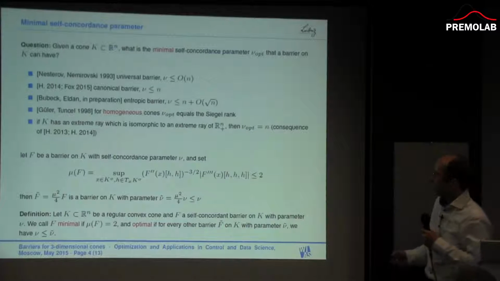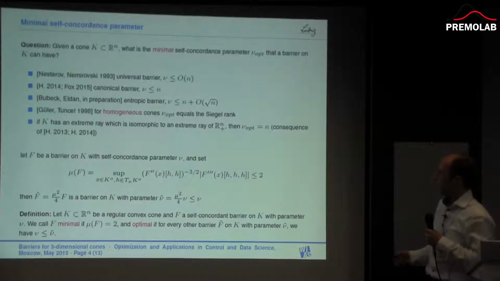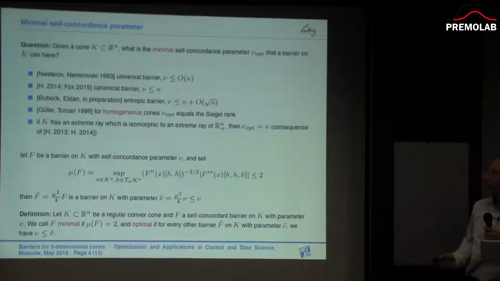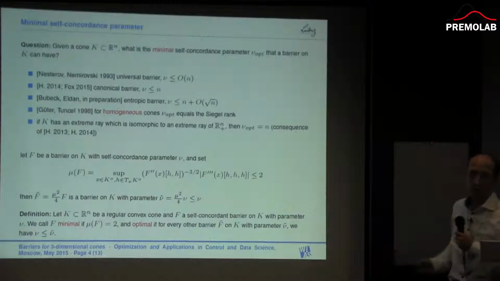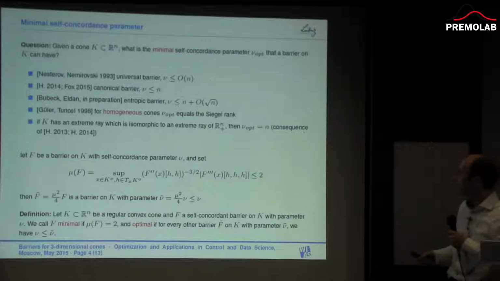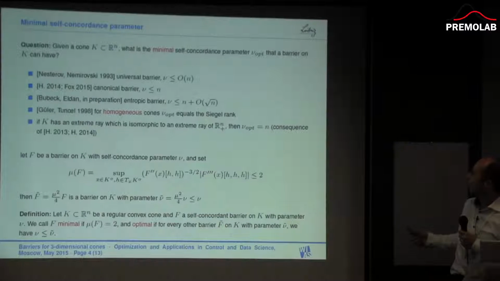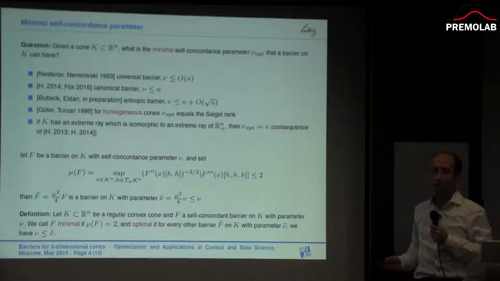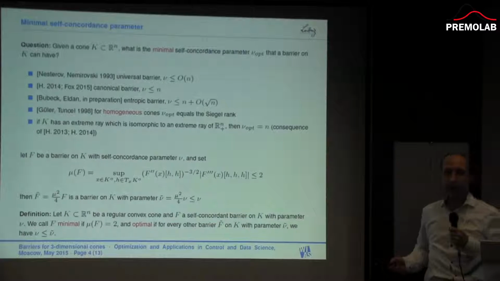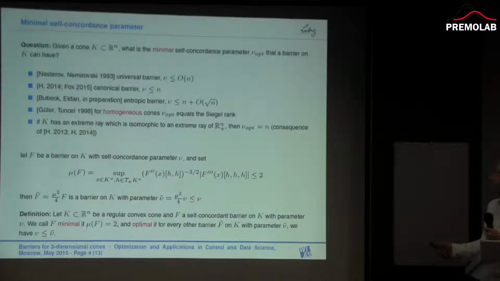And there are a lot of results on this. The first result, due to Nesterov and Nemirovsky, was that essentially the minimal self-concordance parameter has to be at most of the order of the dimension of the cone.